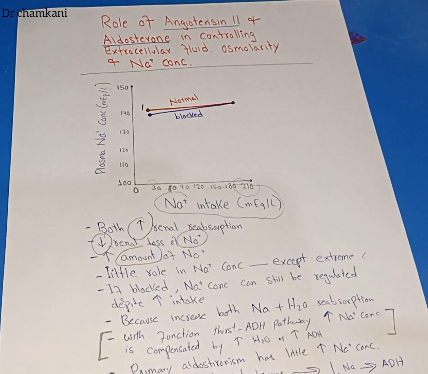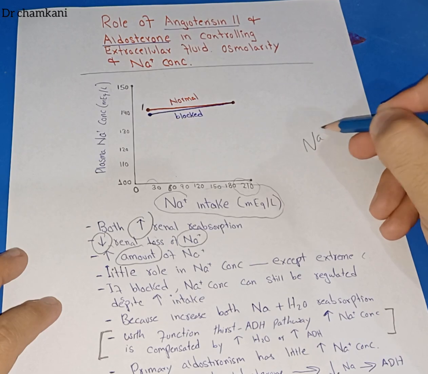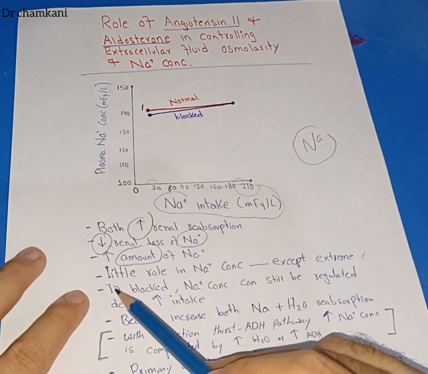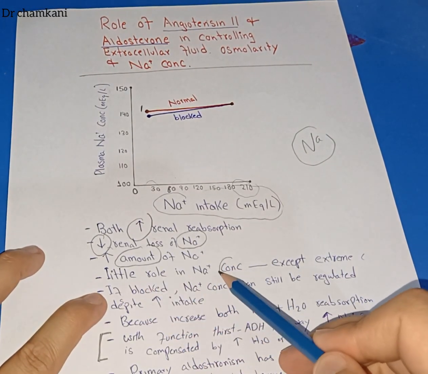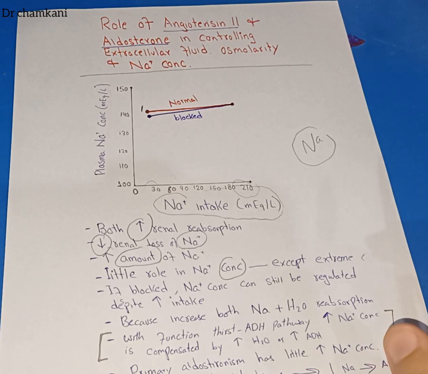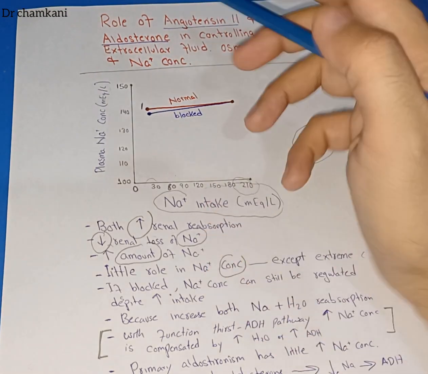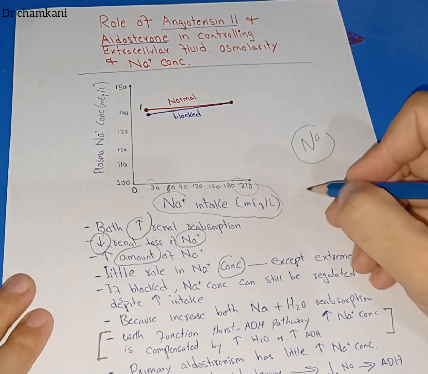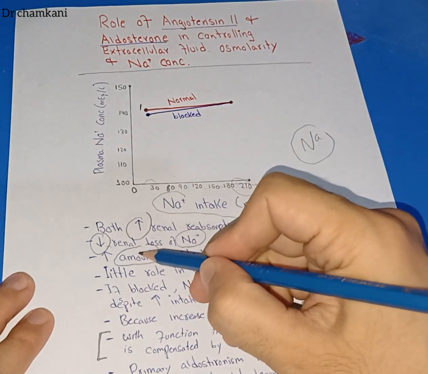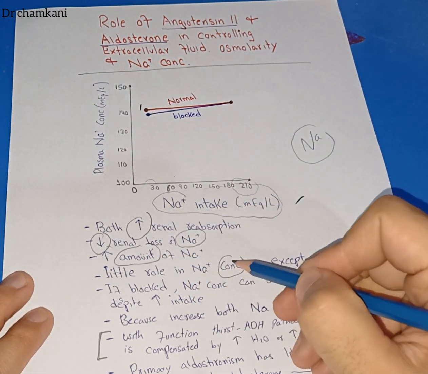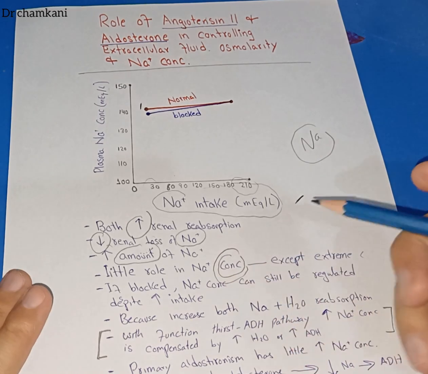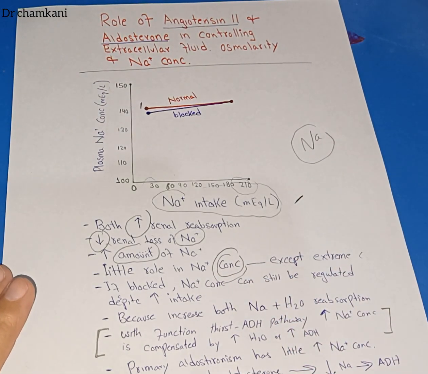Their importance in the sodium concentration is very little, and it is only in very extreme conditions. They are important in controlling the amount of sodium in the plasma, but they have very little role in the concentration.